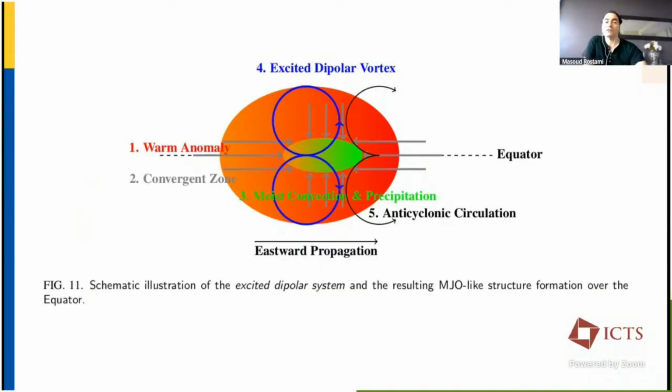Then this dipolar system will generate a secondary anticyclonic circulation in the lower layer. And as you see, whatever is in the lower layer, the opposite sign is in the upper layer. So if in the lower layer you have an anticyclonic circulation on the right-hand side of this dipolar system, in the upper troposphere you have a cyclonic circulation, which is also the signature of the vertical structure of the MJO-like structure.